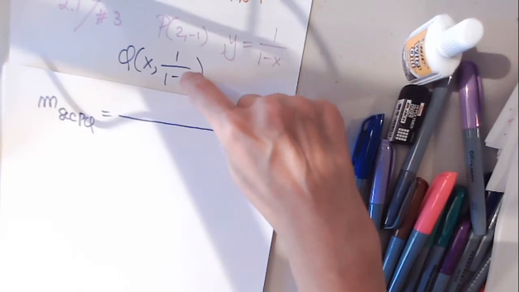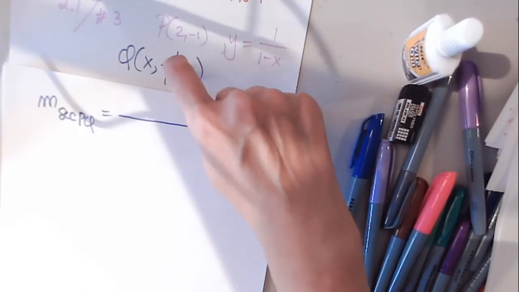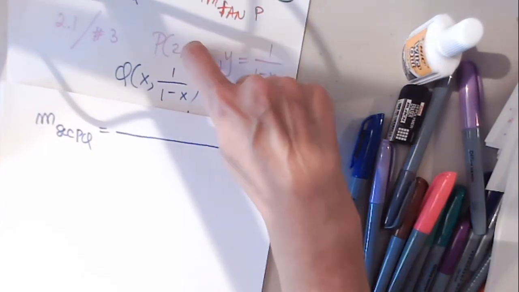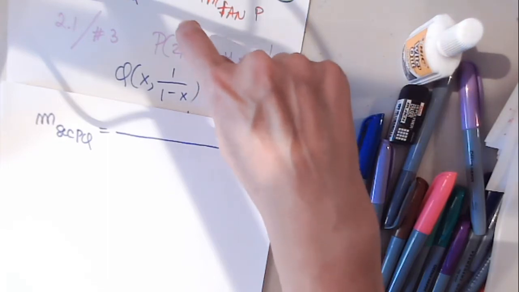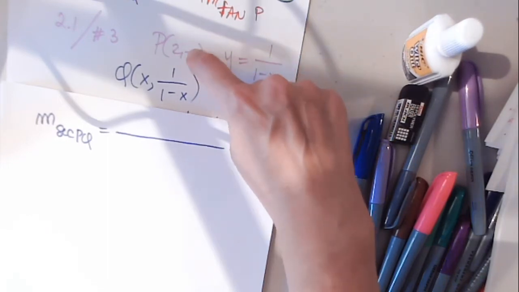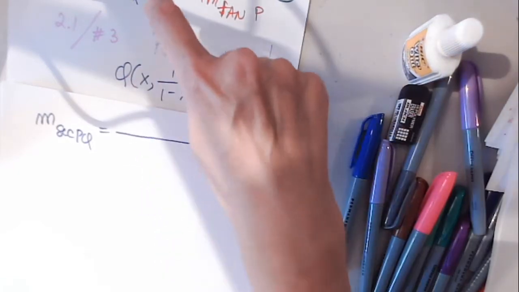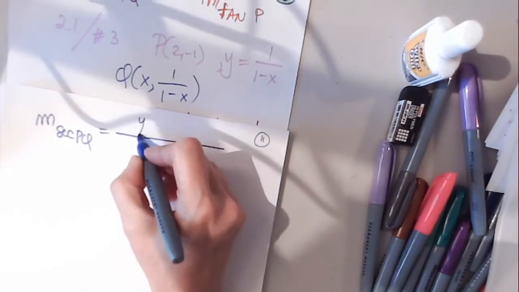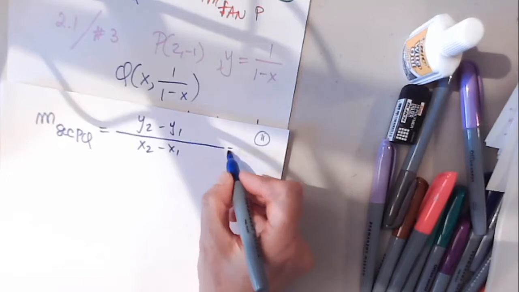y equals 1 over 1 minus x. The slope is y2 minus y1 over x2 minus x1, right? So y2 minus y1 over x2 minus x1, we know that.